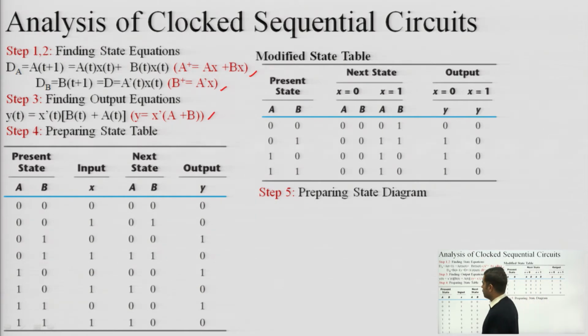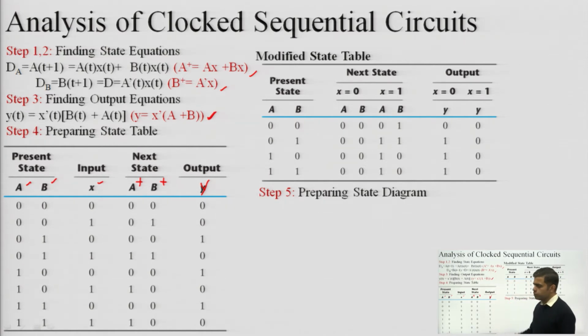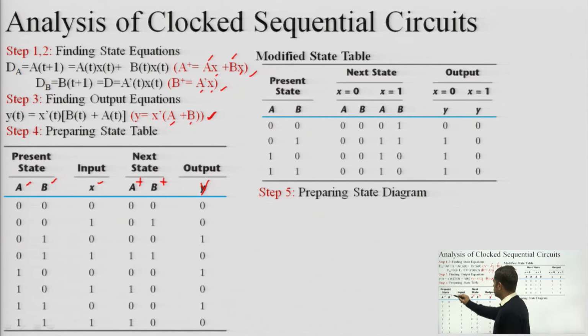So using these 3 equations I have to prepare the state table. The state table will cover the present state A, B, the input X, and the next state, that means A plus and B plus. So whatever we calculate from these 3 expressions, and this is the expression for Y. Okay. So we have to use these expressions. We can see that all these things are dependent on A, B, X: X, A bar X, A, B, X. So these are the 3 things controlling the behavior of the circuit, the present state and the input.